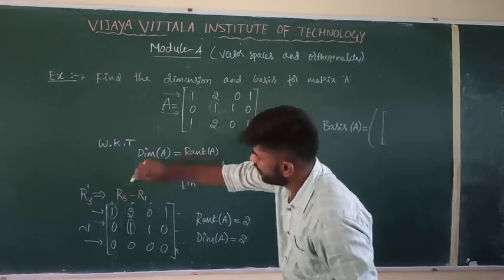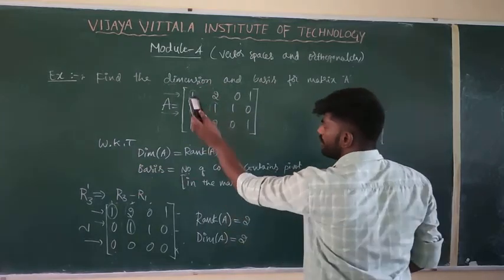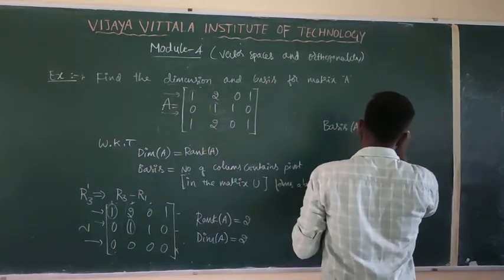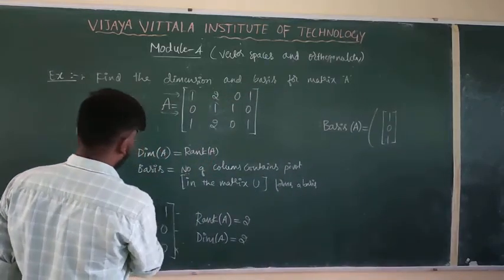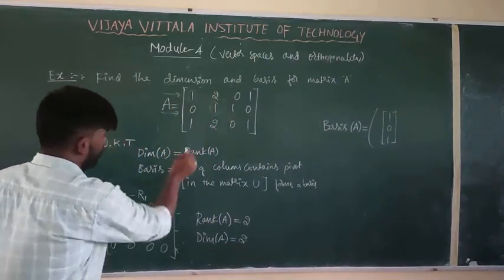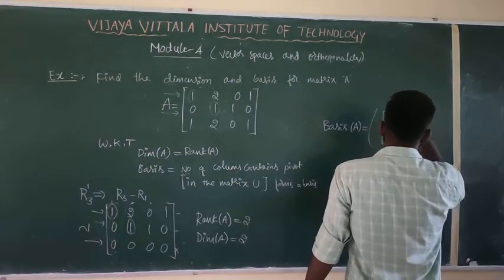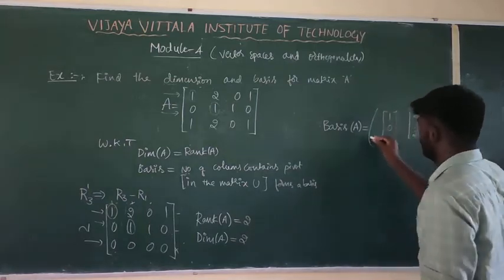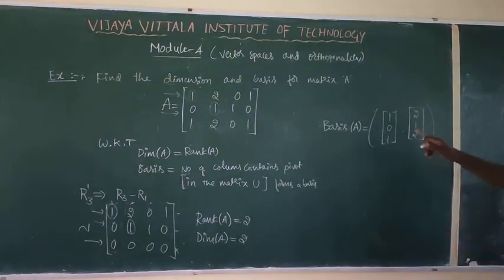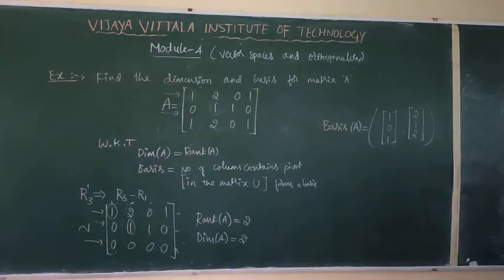Corresponding to these columns in the given matrix, 1 0 1 is a basis vector, and corresponding to the second column, 2 1 2 forms a basis. Therefore, these two are a basis for the given matrix. Understood?